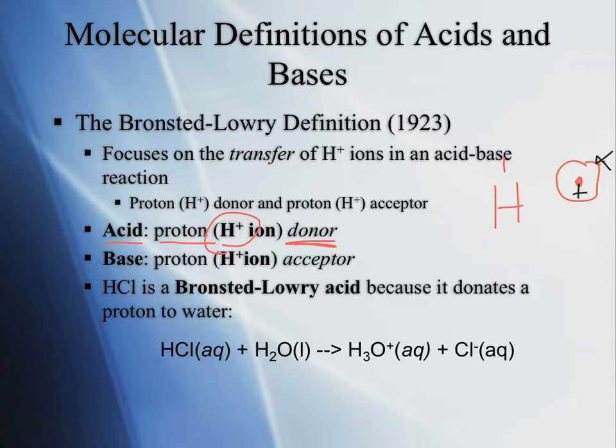Bases, on the other hand, are going to be proton acceptors. So they're going to gather, or be attracted to, those hydrogen ions. The hydrogen ion acceptor is a base, and the hydrogen ion donor is what we call an acid.